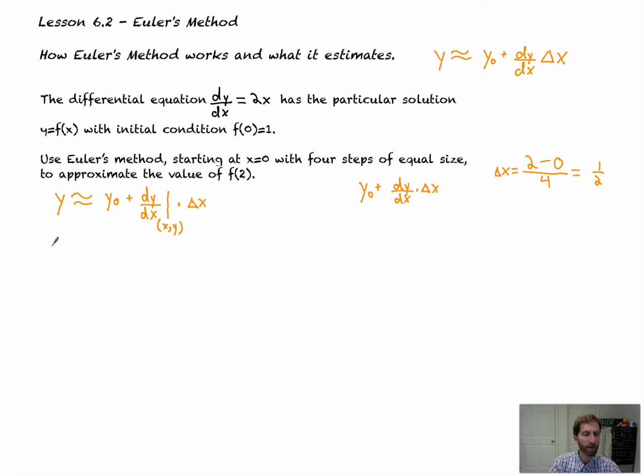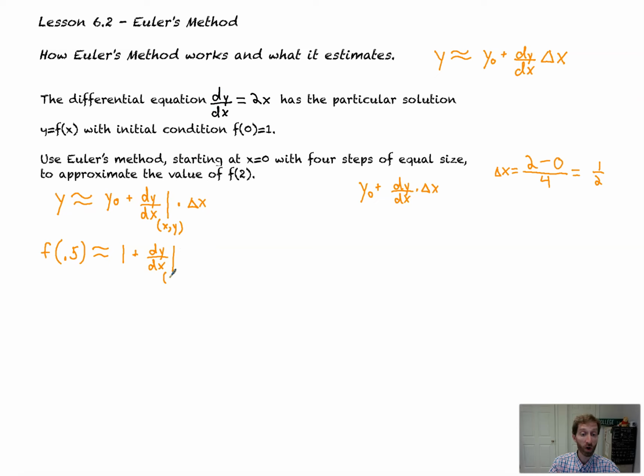And to get my first y value, what we're basically approximating is f of 0.5. You're going from 0 to 0.5. That's approximately equal to our starting value, which is 1, plus the derivative, which is dy/dx, at the point that we're currently at.